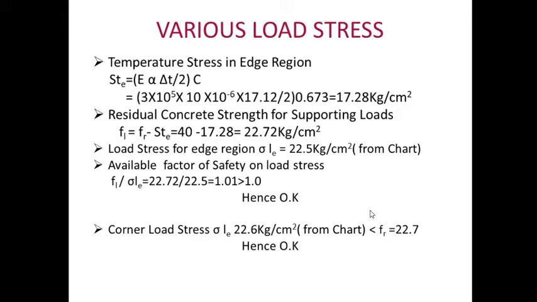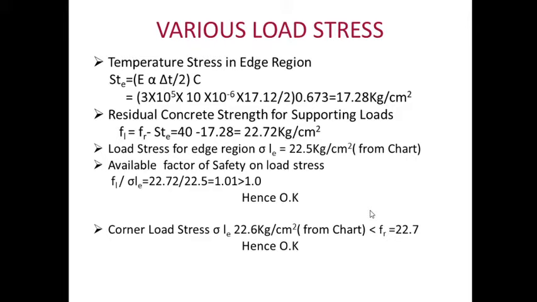So the temperature stress in the edge region we are getting from this formula is 17.28 kg per centimeter square. Then residual concrete strength: our concrete has a flexural strength of 40 kg per centimeter square, whereas the loss of concrete strength due to temperature stress is 17.28 kg per centimeter square.